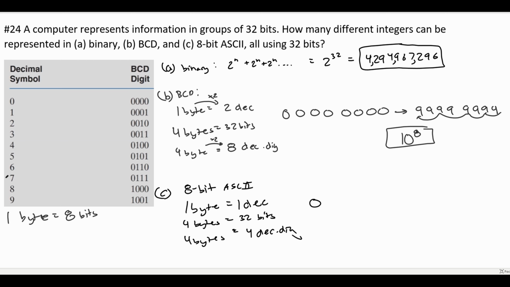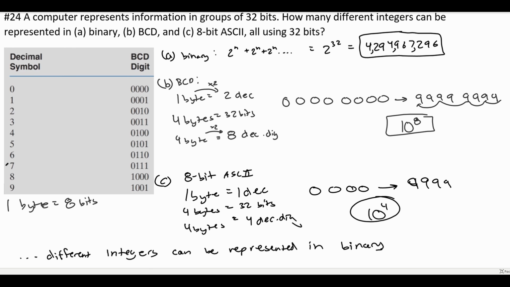So we're going to have 0, 0, 0, 0, and this will go to 9, 9, 9, 9. And if we did the same thing we did here, we would just have 10 to the 4th. So those are all the different integers for each of the different scenarios that can be represented in binary, BCD, and 8-bit ASCII, all using 32 bits.